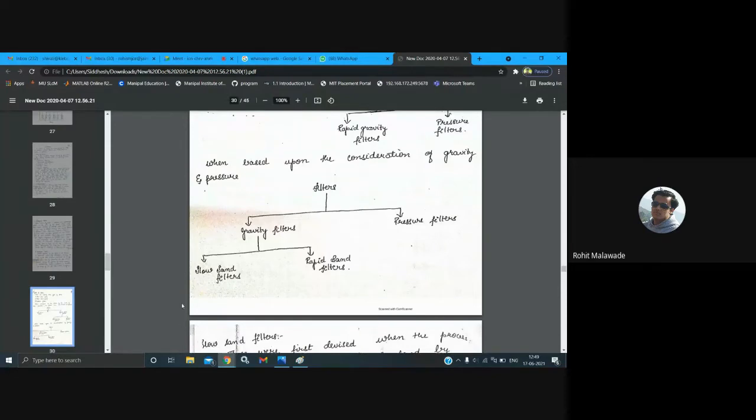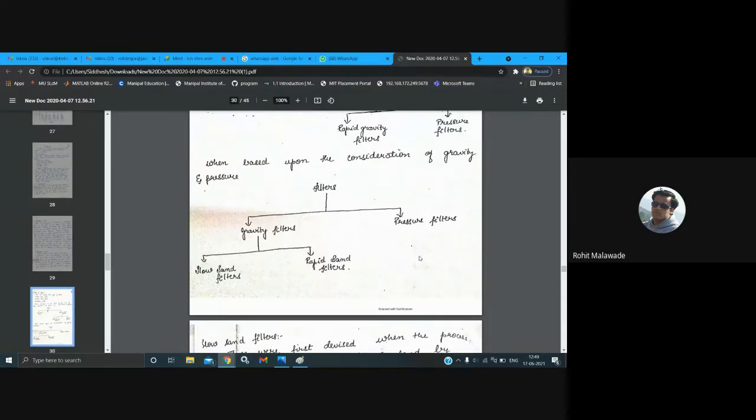So slow sand and rapid sand filters are types of gravity filter, because here we are not going to apply any kind of pressure. In the case of a pressure filter, we will be applying pressure to water so that it is filtered. That is the reason we call it a pressure filter.